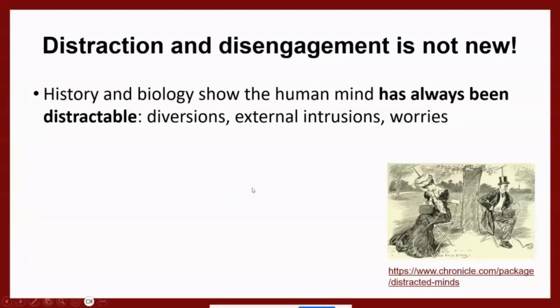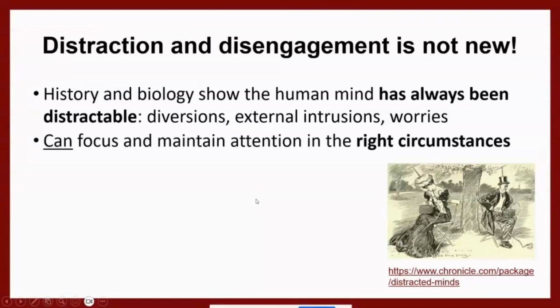So external intrusions, worries, thinking about what you need to put on that list, grocery store, all of those types of things. But the thing is that our mind also is very good at focusing on something important, maintaining that attention in the right circumstances. And that's what you're going to be doing in your classroom, is making sure those right circumstances are present.